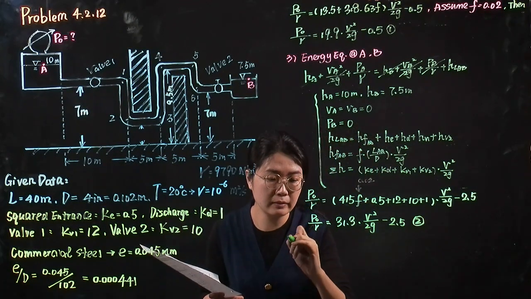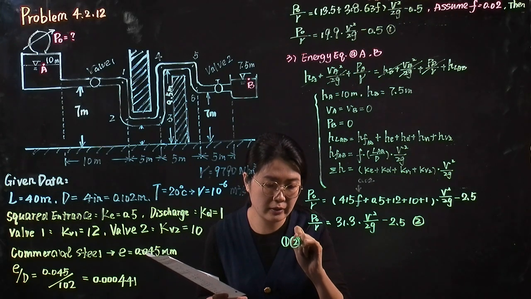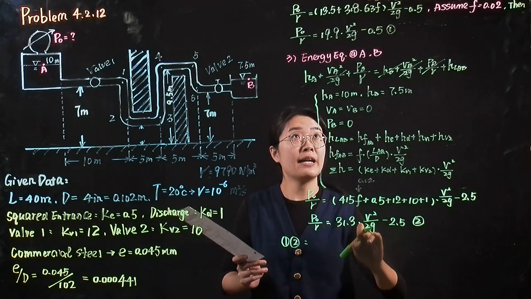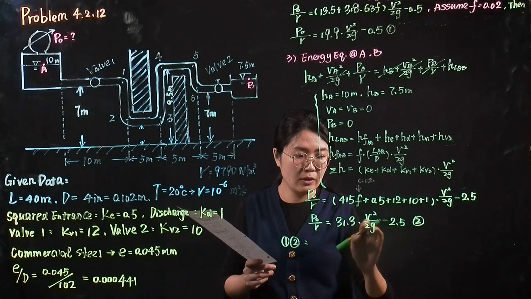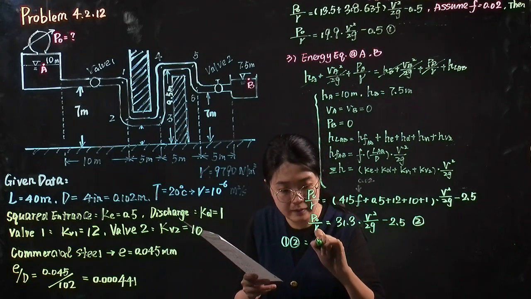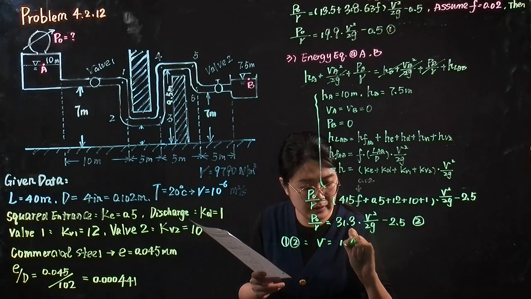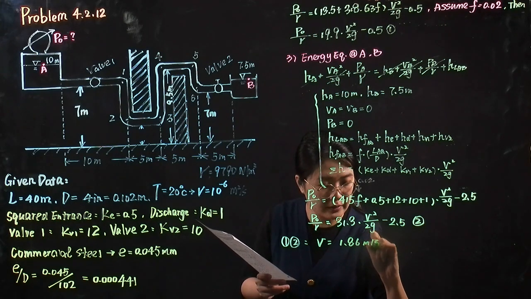If we bring equation 1 and equation 2 together, we have 2 unknowns and 2 equations, so we can solve for the velocity. It equals 1.86 meter per second.